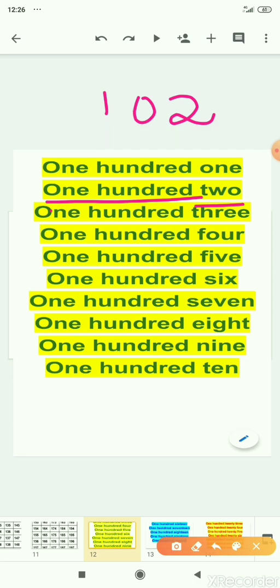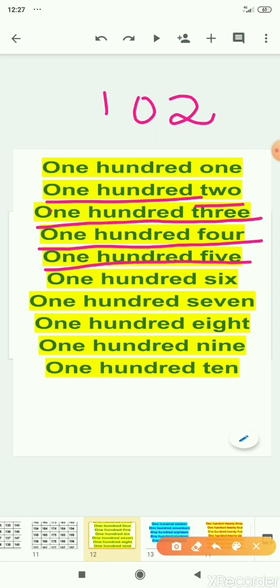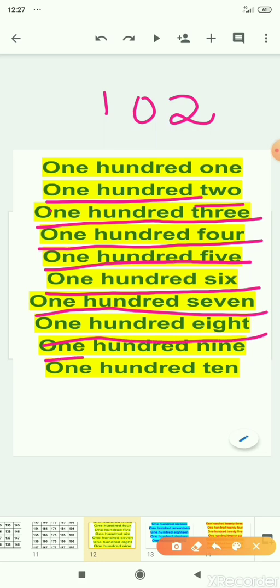Then 103, 104, 105, 106, 107, 108, 109, and 110.